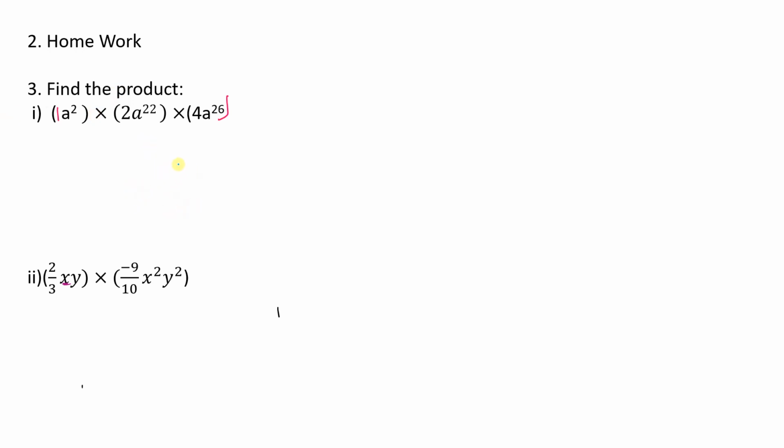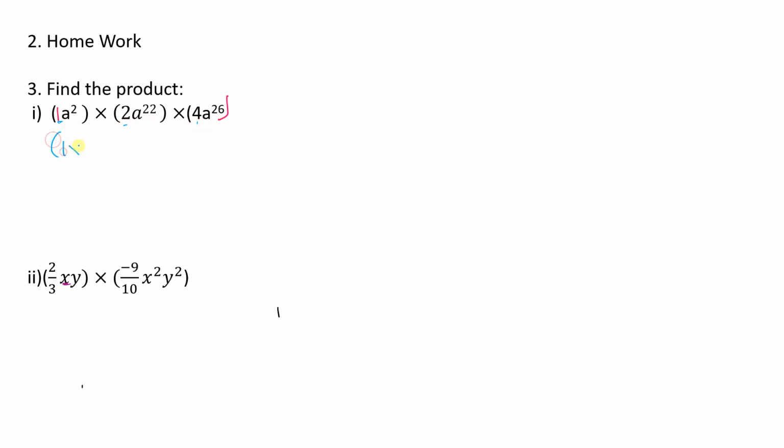Now let's consider. We have three monomials, right? You should recall the rules that are to be followed while multiplying algebraic expressions. You need to multiply the coefficients of each monomial. Here the coefficient of a square is 1, and here it is 2, here it is 4.